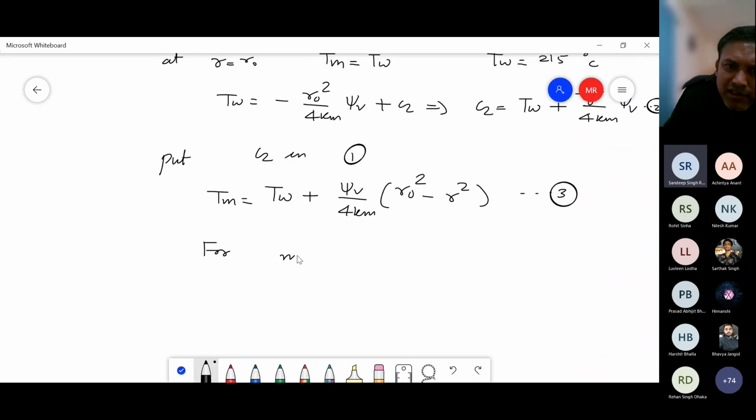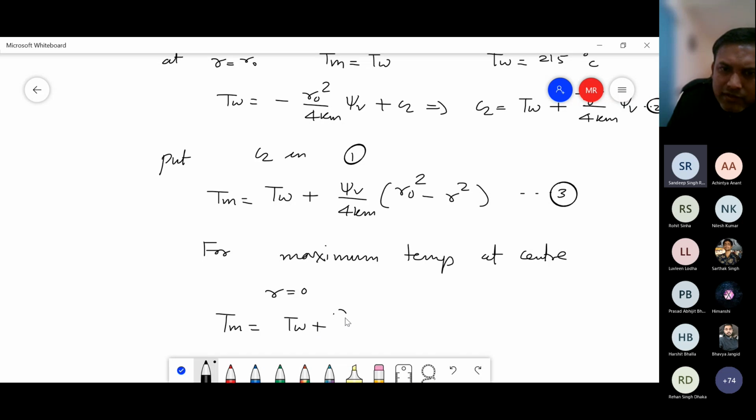For maximum temperature at the center, r will be 0. So Tm will be given as Tw plus r naught square by 4 km psi v.